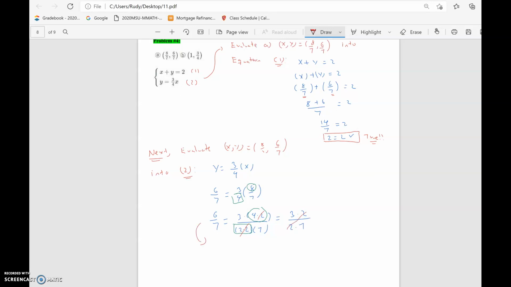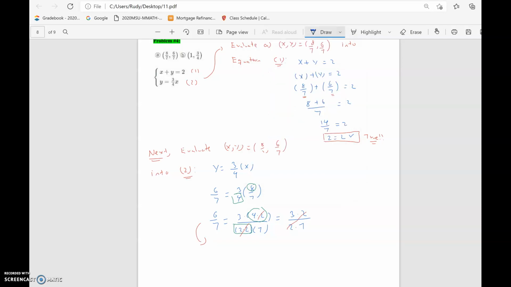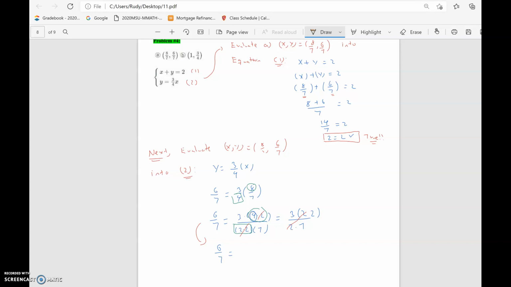So we're left with our y value being 6/7. This is equal to, actually, I have an error here. There's another 4, so that would be times 2. So this 4 here happens to be this 4.